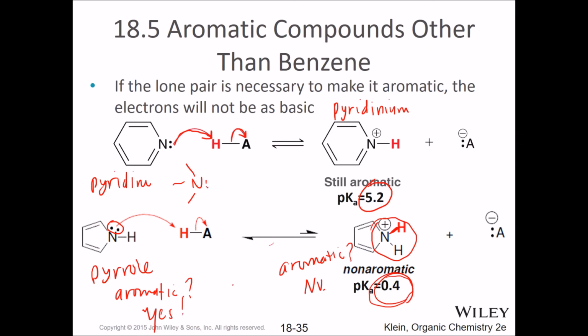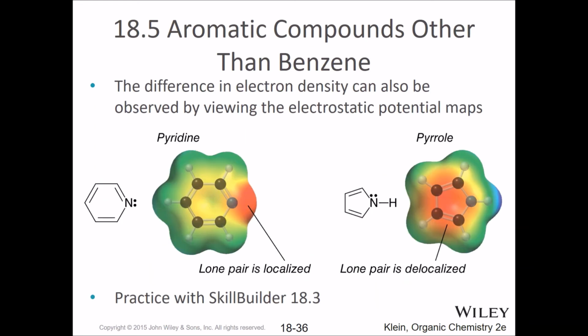Another way we can consider this is by looking at the electrostatic potential maps. Of course, you can't generate one of these in a quiz or exam. But if I gave you an electrostatic potential map, you would look at this and say, oh wow, there's a hot spot right there. See a hot spot for electrons? It's red. But where's the hot spot over here?